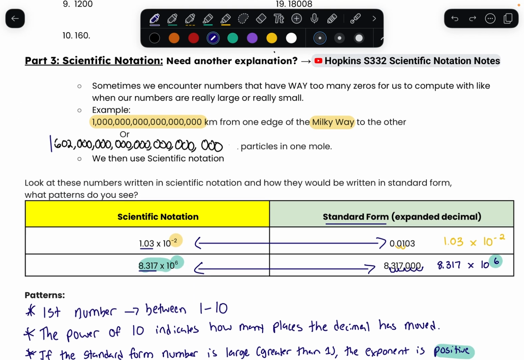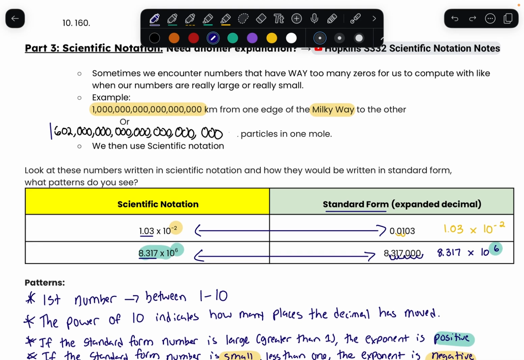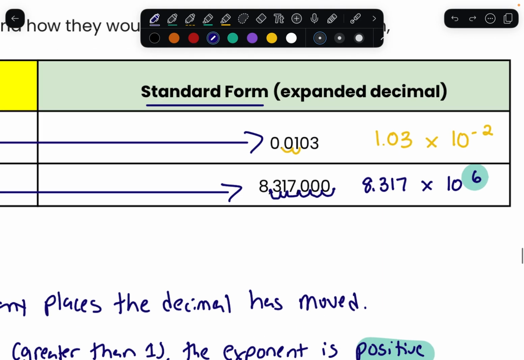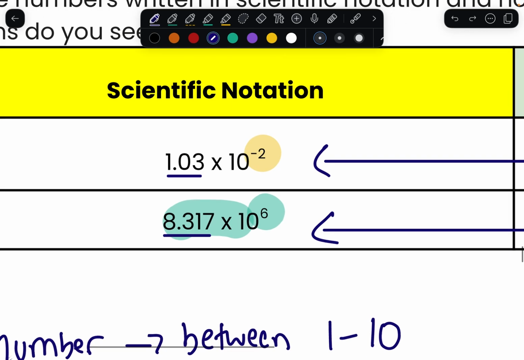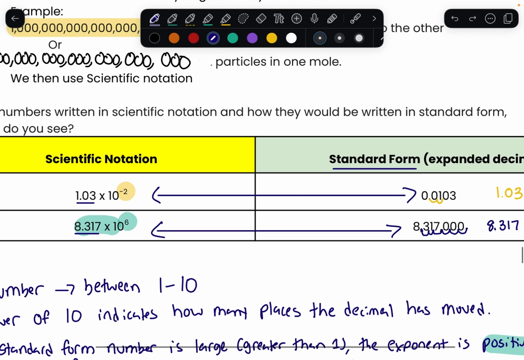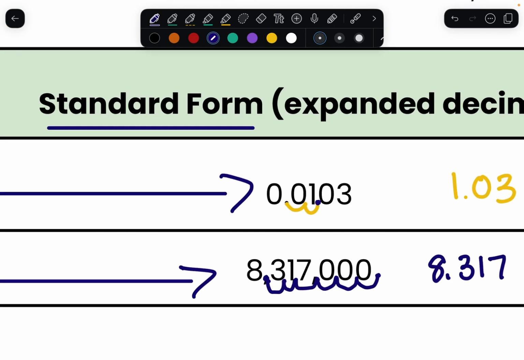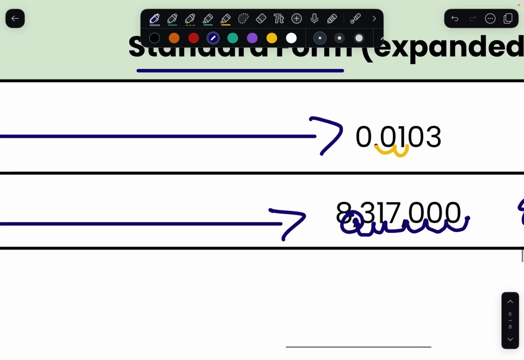One general rule is that your decimal point, when you put a number into scientific notation from standard form, should go immediately after the first digit. Meaning the first non-zero digit, that's typically where the decimal goes. In this case, it would go after the 1 when you put it into scientific. In this case, it goes after the 8.